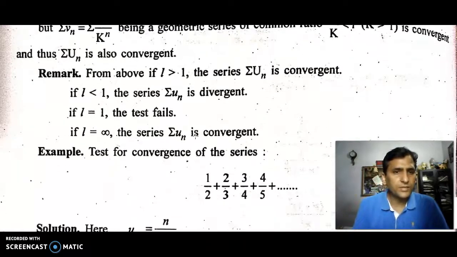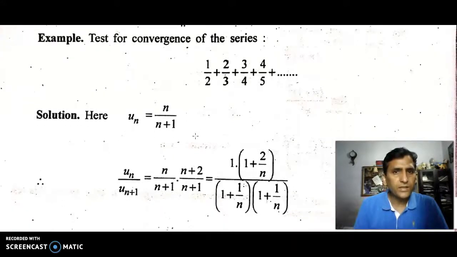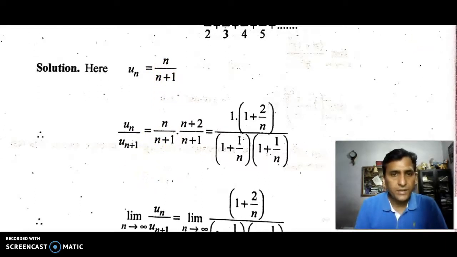There are some remarks for this, and these are some examples. In our case, this is a series. You have to identify that the nth term is n upon n plus 1: 1 upon 2, 2 upon 3, 3 upon 4. So the nth term is n upon n plus 1. So I take the ratio. Here this is un, then un plus 1 is n plus 1 upon n plus 2. I divide, then take n common, and n cancels out.